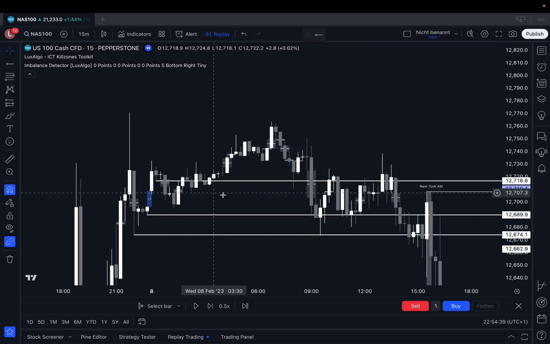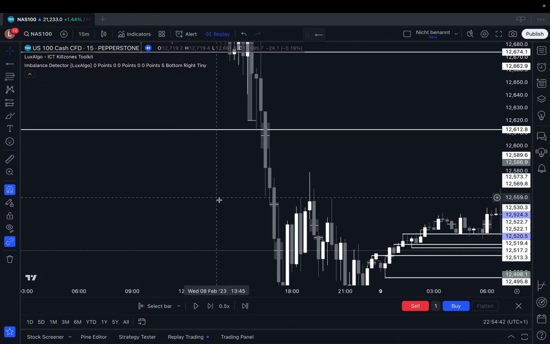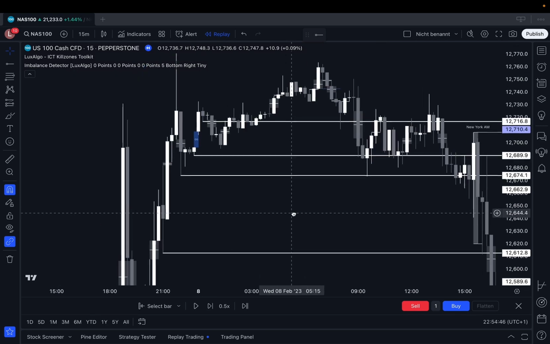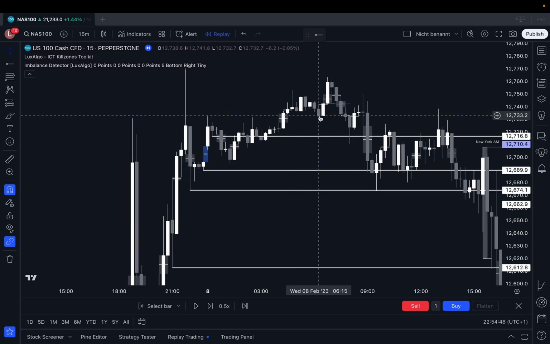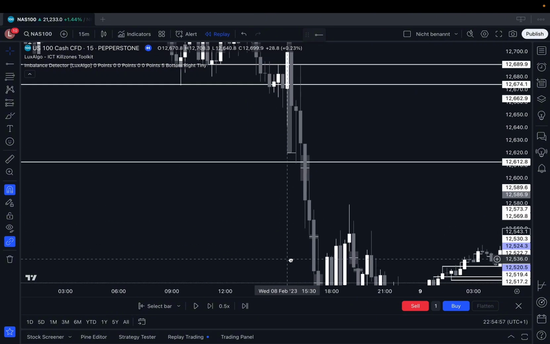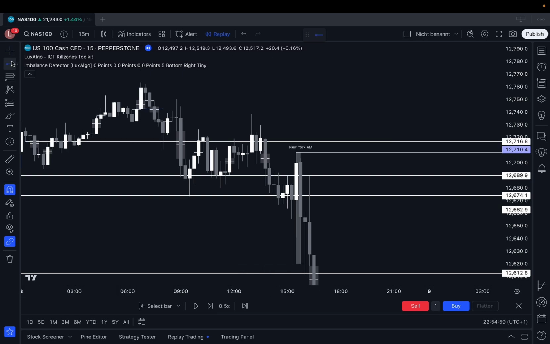Same thing for market structure to the upside from a downtrend. By the way, in an uptrend we look at the lows to look for a break of structure, and in a downtrend we look for highs. So right here we are in the downtrend.